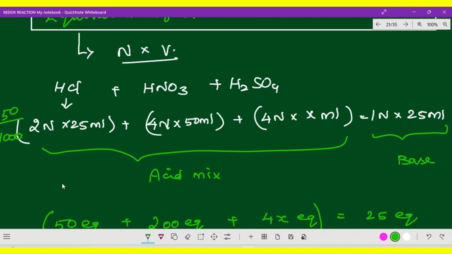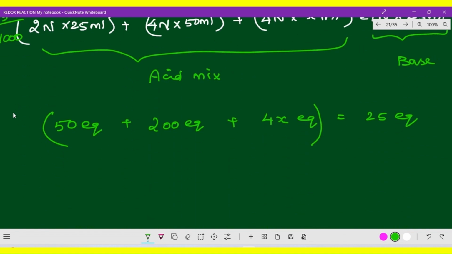So here I have to mention 50 divided by 1000. Why am I mentioning this point? Because it has to be calculated with that, since 50 ml completely reacted with 25 ml of 1N. That is the reason. Now let us find that value.